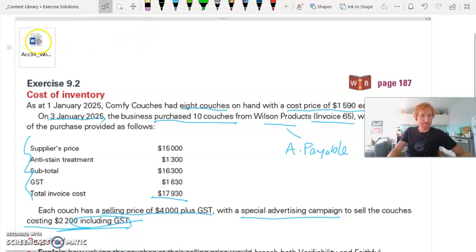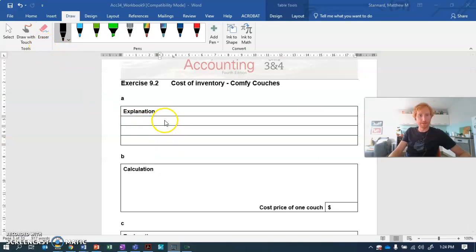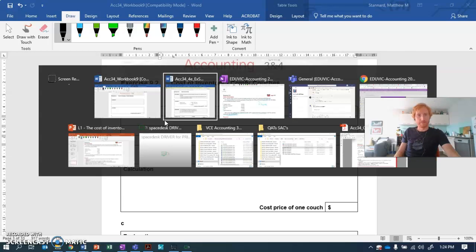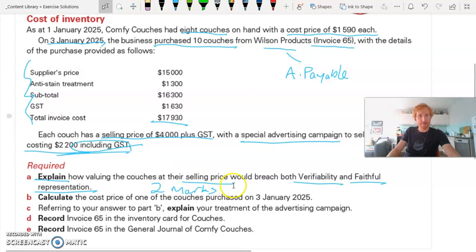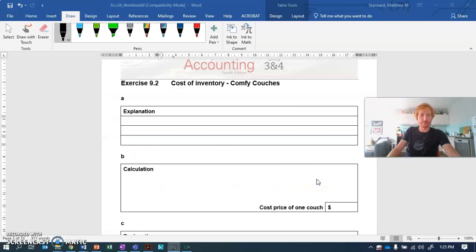Okay guys, I'm going to open up the document now, and in here I'm going to answer the first part of the question: explain how the selling price would breach both verifiability and faithful representation. I'm going to start with verifiability.